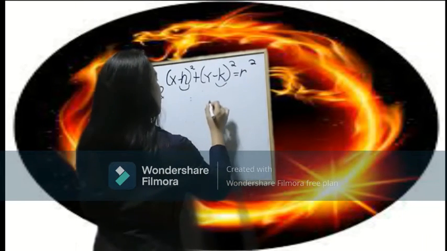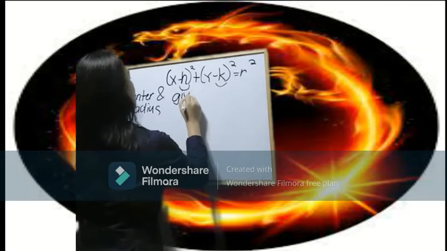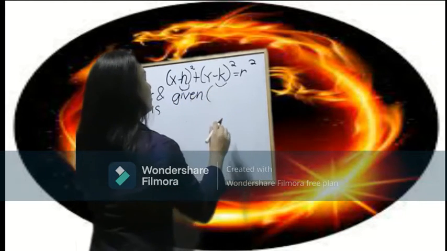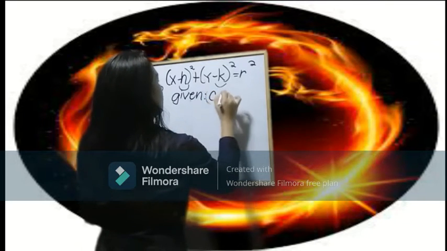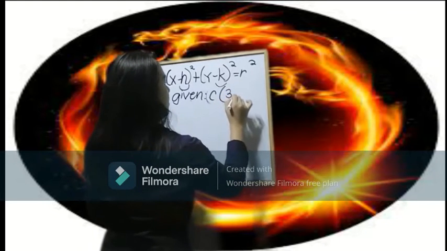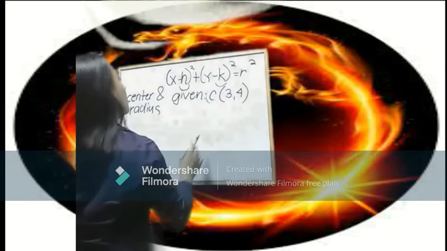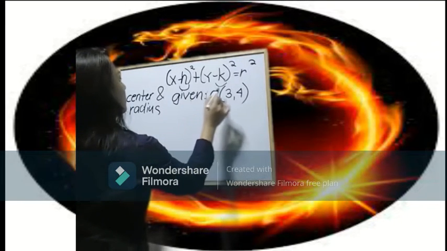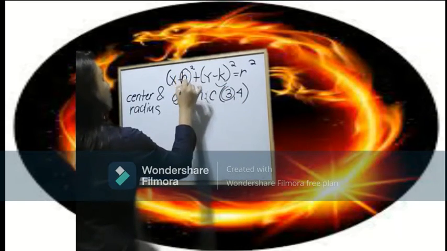Let's say, for example, I have a given center, which has the coordinates of (3, 4). All you have to do is substitute this x coordinate, 3, for your variable h.